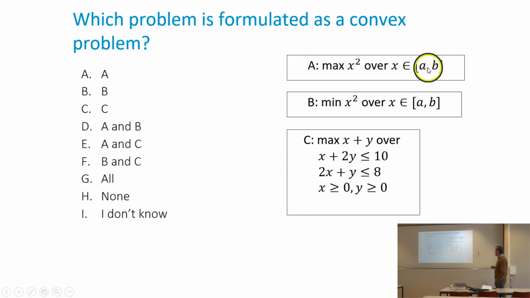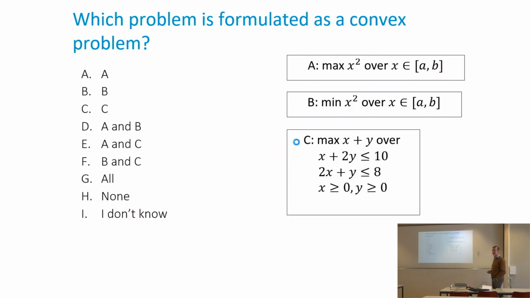And if a is not equal to b, for example, a is equal to minus 1 and b is equal to plus 10, minus 1 is a local maximum. In the neighborhood of a, we have a maximum. In the neighborhood of b, we also have a maximum. So we have two local maxima, which can never happen with a convex optimization problem. This is not convex, this is convex. Now how about C?